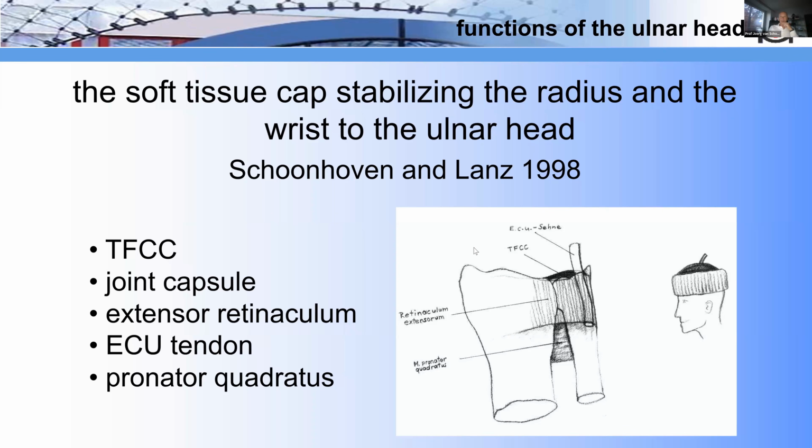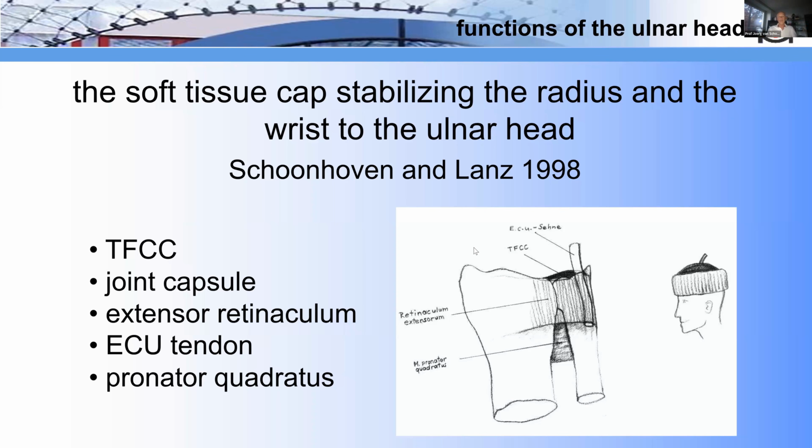To stabilize that complex situation between the mobile radius against the ulna, still allowing us almost 180 degrees of forearm rotation, we have soft tissue. The soft tissues are aligned around the ulnar head like a cup on the head, so that the top of the head is the TFCC. Then we have the joint capsule, which is lax and does not give much stability.